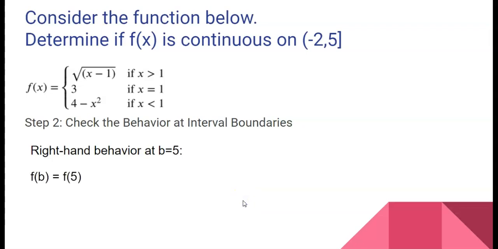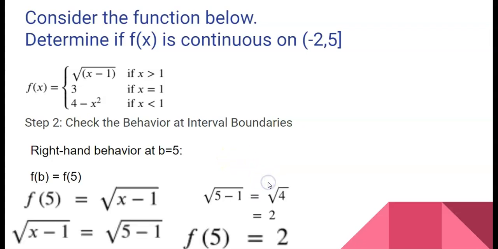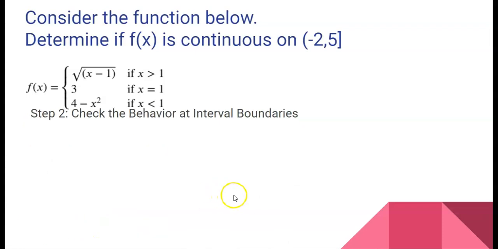So 5 is greater than 1, so the expression to use is square root of x minus 1. So please observe the substitution process and do the same at your desk. Now after evaluating f of b, let's evaluate the limit by checking whether the left-hand limit and the right-hand limit of the function f of x exist as x approaches the right or upper boundary 5.